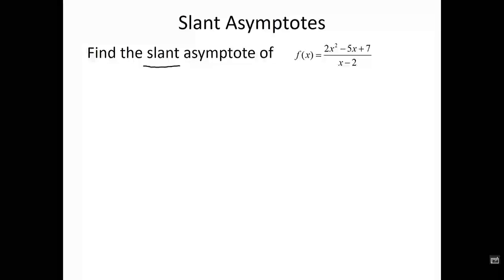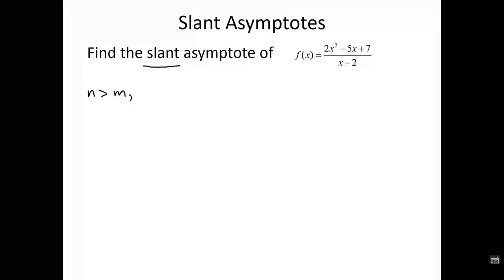Well, first of all, we note that the degree of the numerator is greater than the degree of the polynomial in the denominator. So when n is greater than m, what do we conclude?